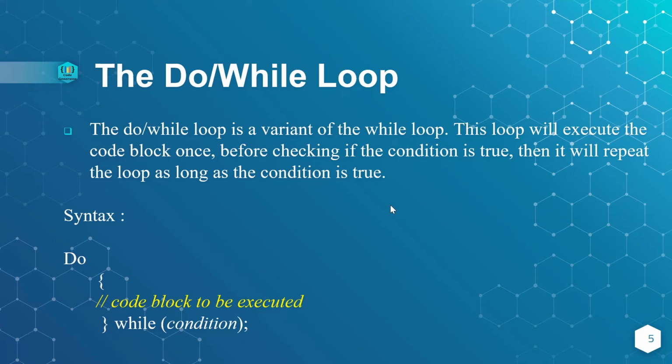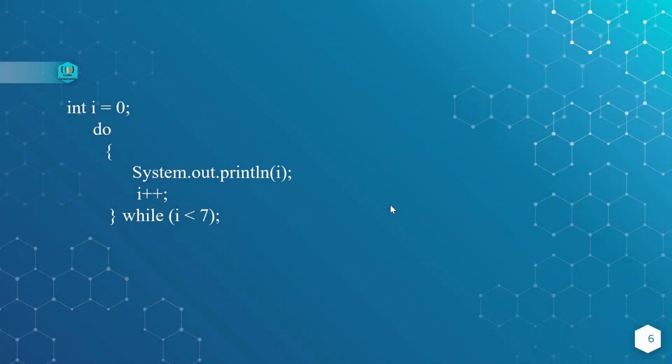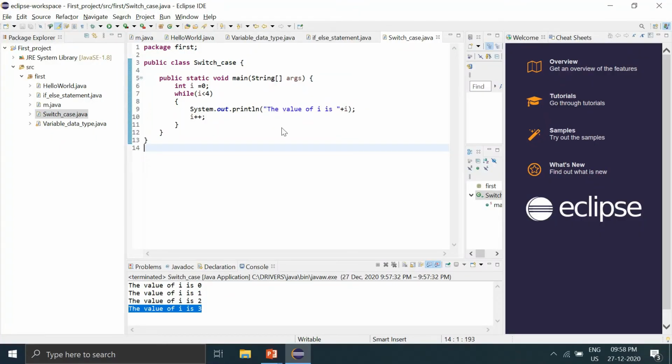So no worries. Before moving to the practical code, we'll just see the syntax: do, in the curly brackets the code block to be executed, and the while condition that we used to write at the initial stage in the while loop. So let's see the example for this.